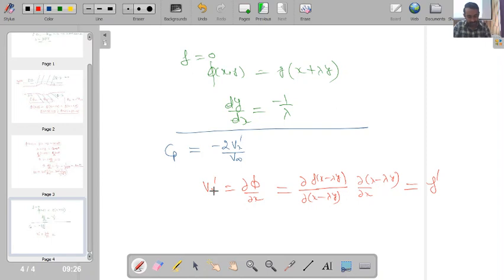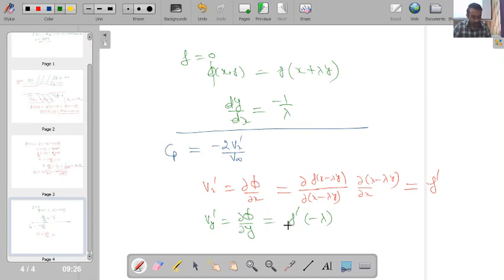So this is my Vx dash. Now let's also calculate Vy dash. If I calculate Vy dash, that will be del phi by del y, and that will become equal to f dash times, this will be same, and here I will be having del by del y of this. So f dash times minus lambda.